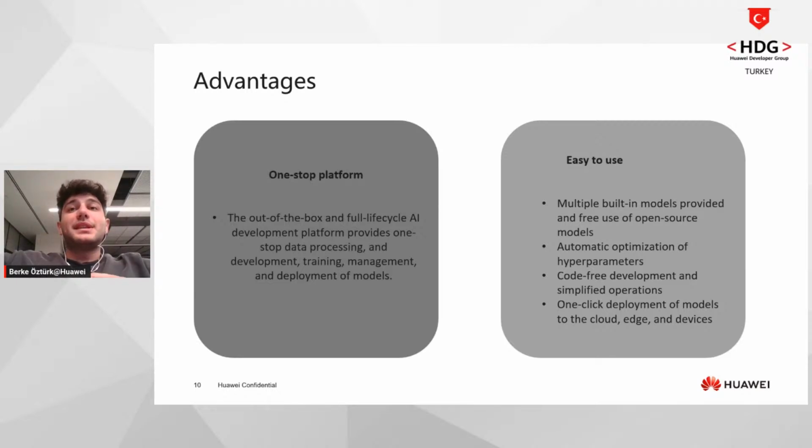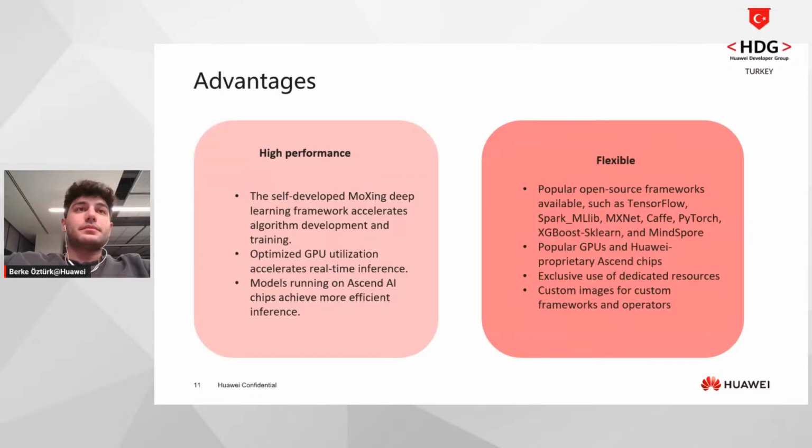And with a single click, you can distribute your models to the cloud or across devices. It has high performance. The self-developed MoXing deep learning framework accelerates algorithm development and training. It optimizes GPU utilization and accelerates real-time inference, and Huawei has its own Ascend AI chip, which works with Huawei resources very well, so it is an advantage for AI model development too.